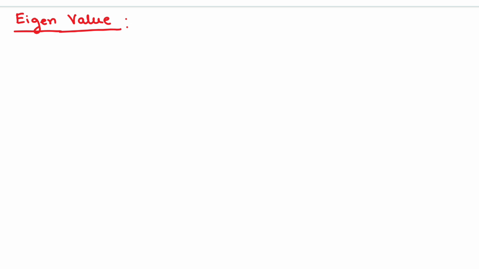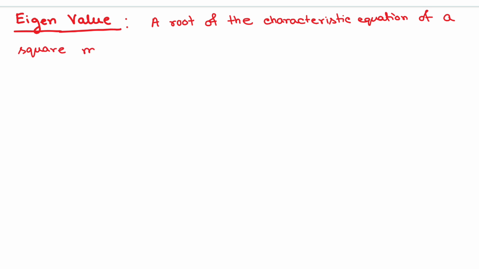So you can write a root of the characteristic equation of a square matrix, let's say capital A, is said to be an eigenvalue. Clear?